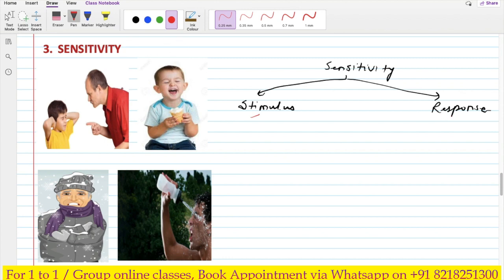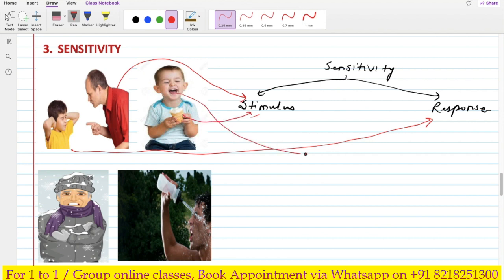Over here, when the father is scolding the boy, this is the stimulus, and when the boy is closing his ears, that is the response. We humans, and all living organisms, are very good at doing that. Let's say this ice cream is the stimulus, and the boy getting very happy is the response.